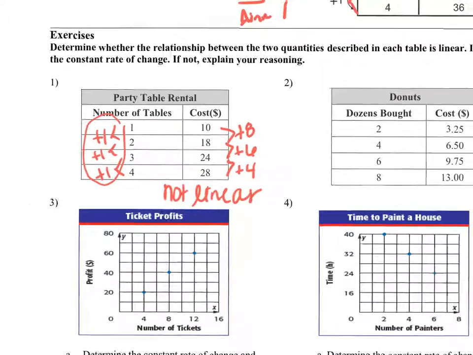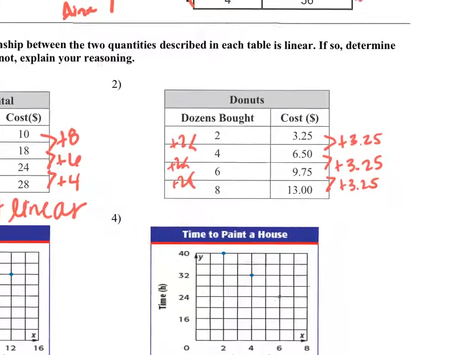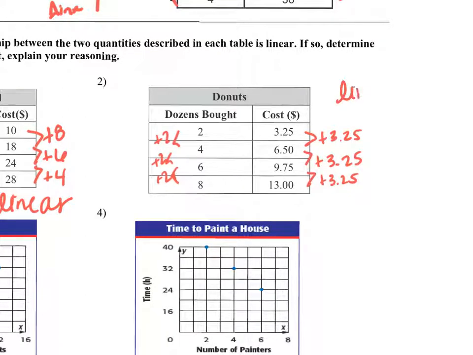Okay. Let's look at number 2. The change from 325 to 650 is plus 325. 650 to 975 is plus 325. 975 to 1300 is plus 325. Here it is plus 2, plus 2, plus 2. So it is linear.